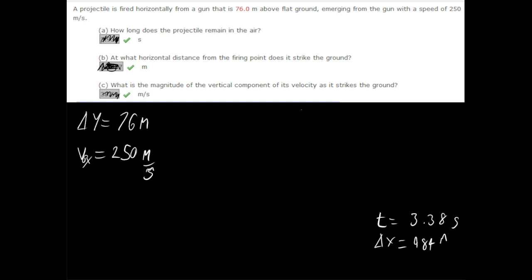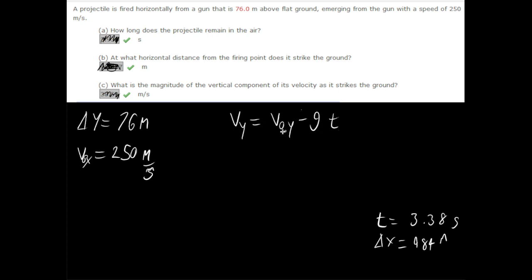So we see here in the projectile motion equations, we have one which is Vy equals V0y minus gt.